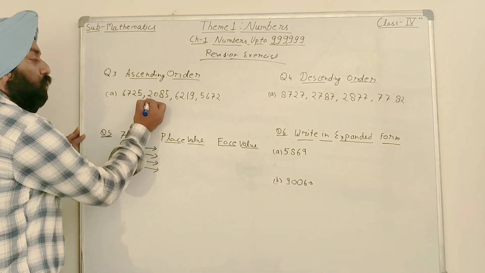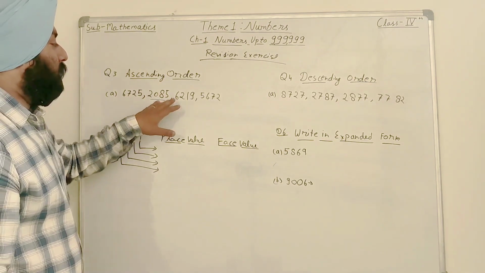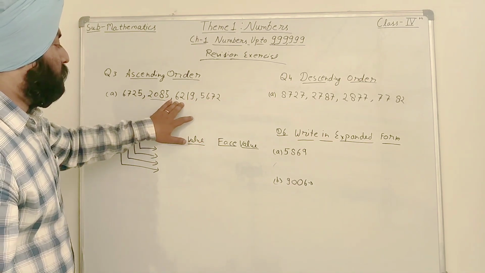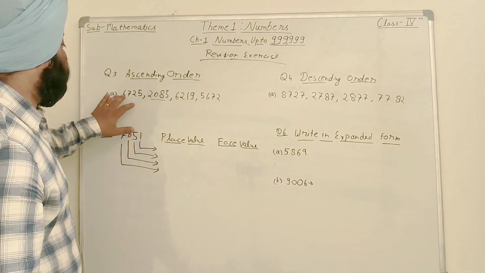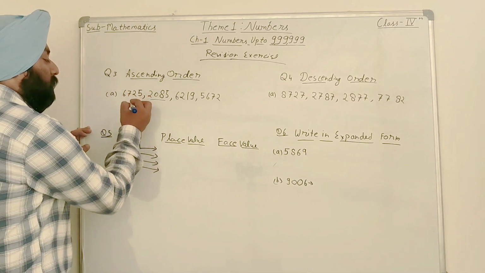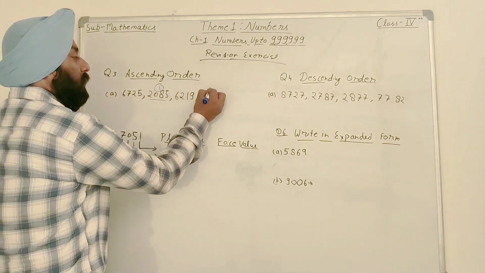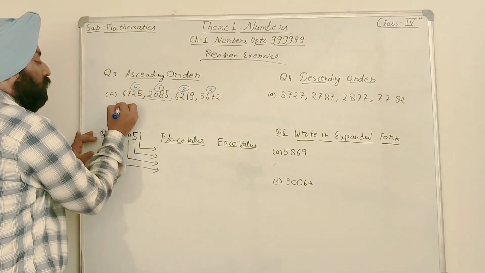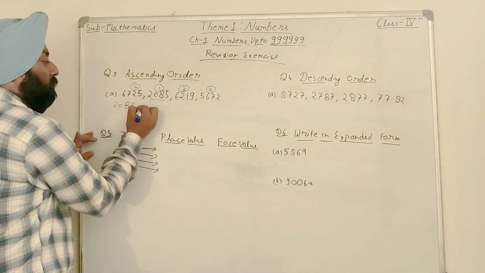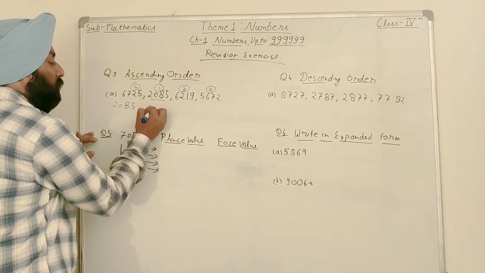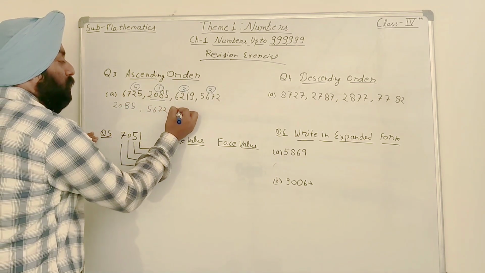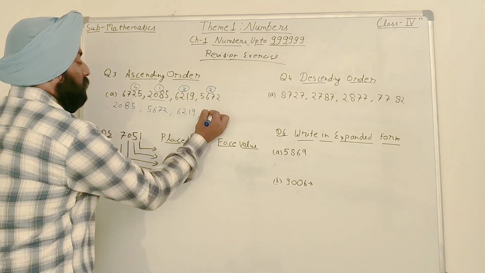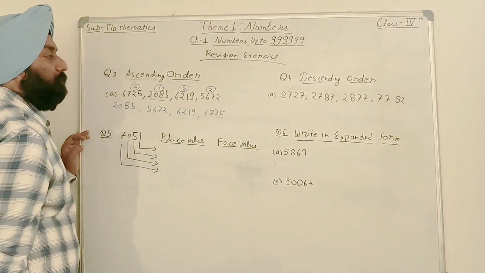Afterward 5672, then 6219, then 6725. So we write 2085, 5672, 6219, and 6725.